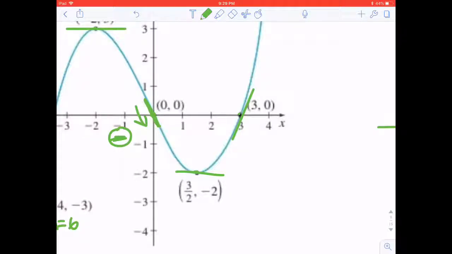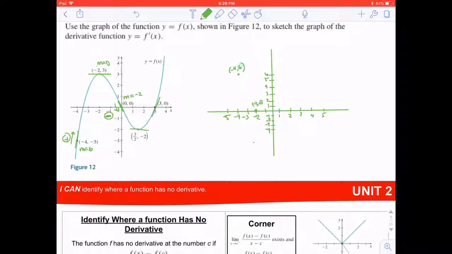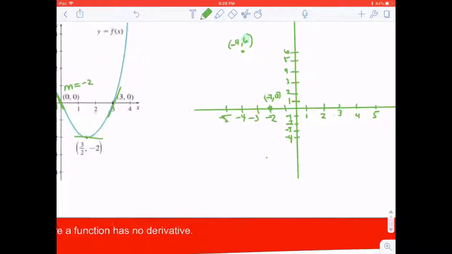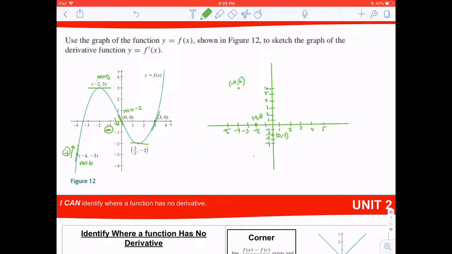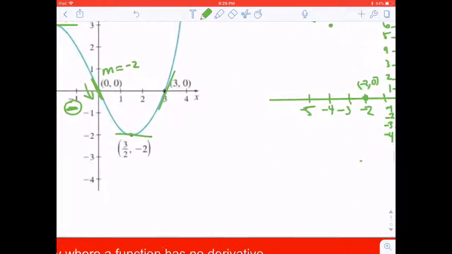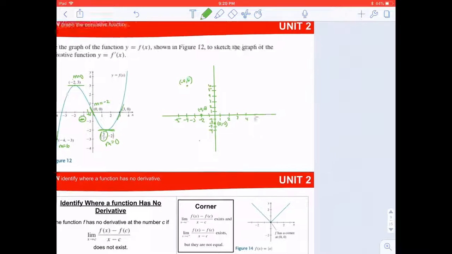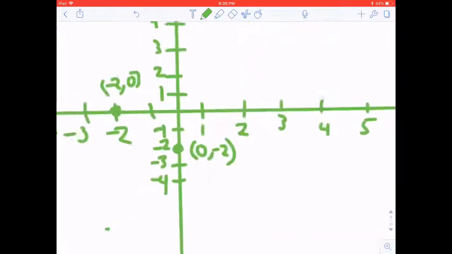And I'm going to go ahead and estimate this to be a slope of -2. So that means we're going to have the point 0, -2 right here because that was the x value of 0 and the slope was -2. Continuing to the next point, this one again has a slope of 0. So at the x value of 3/2, our slope is going to be 0. And we're going to go ahead and put that point in right here.